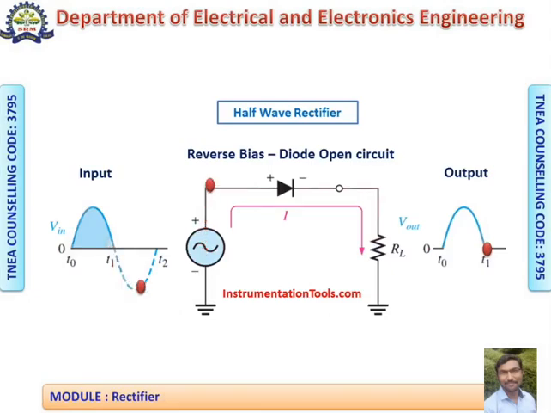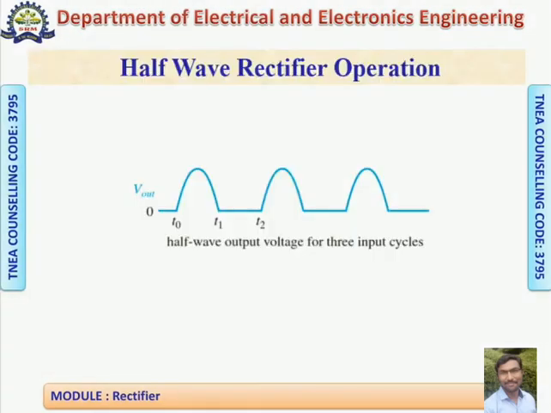During this condition, the diode will not allow the flow of electrons from the AC source to the DC load RL. So, the output voltage of a half wave rectifier for 3 input cycles will be as shown in the figure, where there will be flow of current from time interval t0 to t1 and no flow of current from t1 to t2.